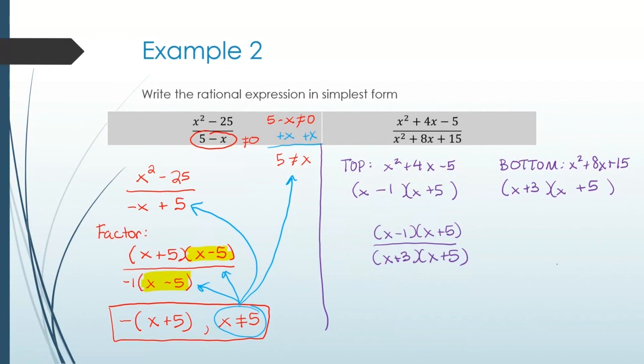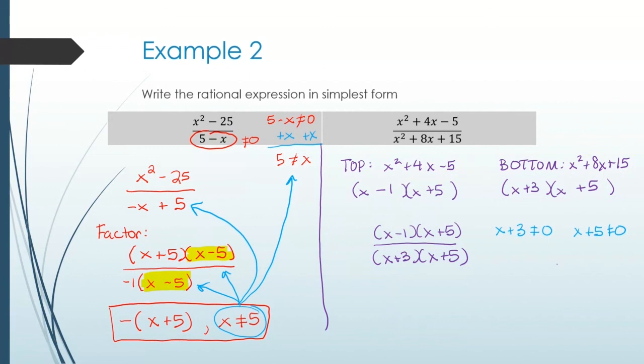And so now to figure out the domain, I look at my denominator of x plus 3 and x plus 5. So this is going to give me two numbers that I am not allowed to have be equal to 0, or two parts that can't be 0, because there's two different parts in the denominator. So the x plus 3 can't be equal to 0, and the x plus 5 can't be equal to 0.